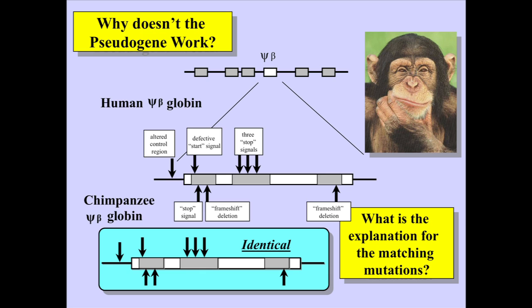In the human, these have one pseudogene, represented here in the middle in white, which is defective because of various different mutations which occur throughout that gene, rendering it defective. As I explained before, the chimpanzee has exactly those same mutations in exactly that same beta globin pseudogene. What is the explanation, other than inheritance, for matching mutations exactly in that same pseudogene?